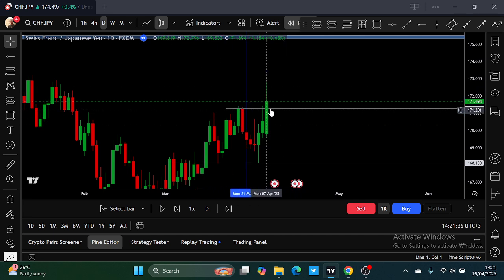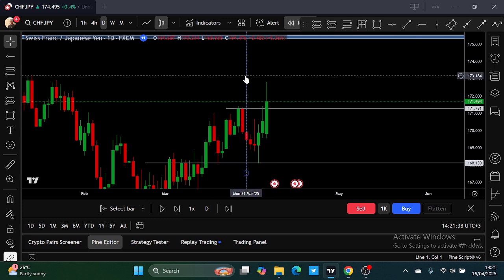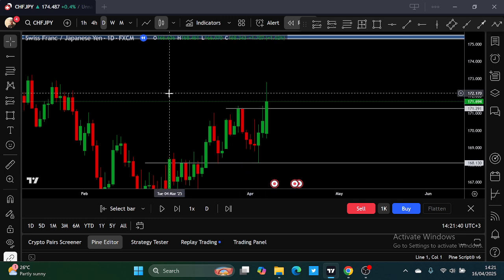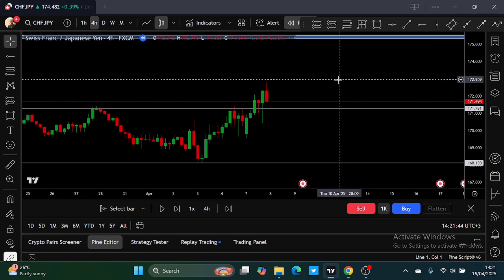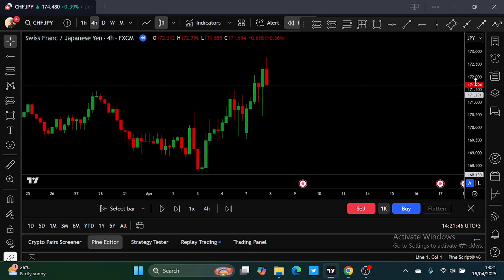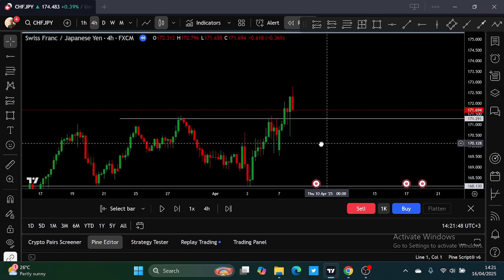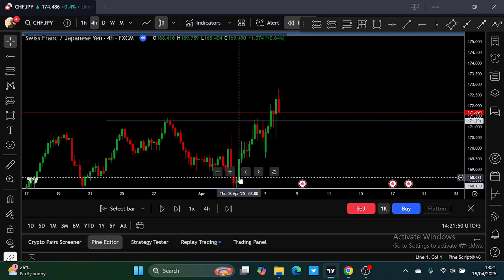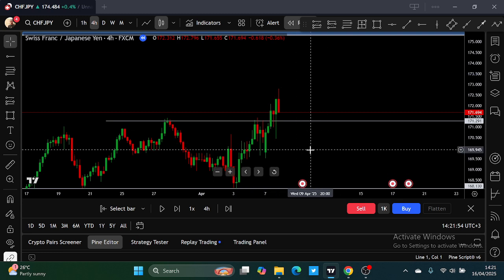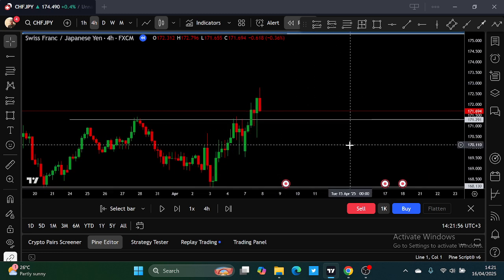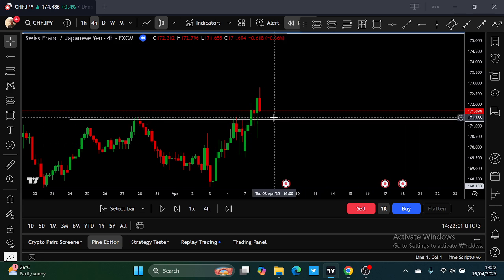So now after I have seen a breakout, this is where you drop to the 4 hour, which is my entry time frame, but you can go all the way to the 1 hour, but me, I would prefer the 4 hour. So you see, we came here, created high, high, low, high, low, and then a breakout. So what are we looking for? We are looking for price to retest this area here again.